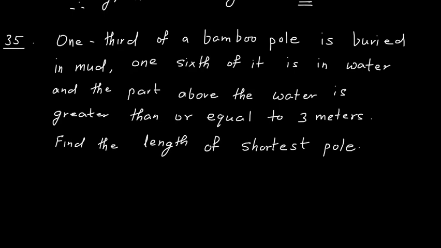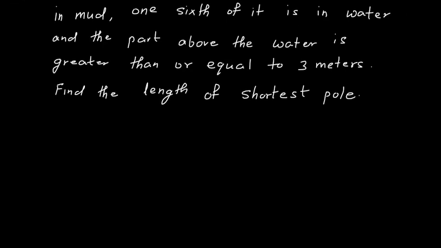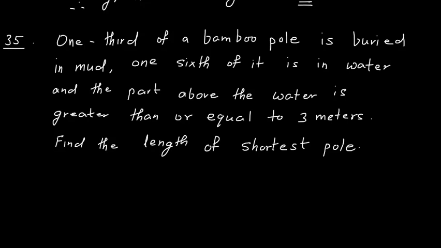Okay, so this last question is, 1/3 of a bamboo pole is buried in mud. 1/6 of it is in water, and the part above the water is greater than or equal to 3 meter. Find the length of the shortest pole.